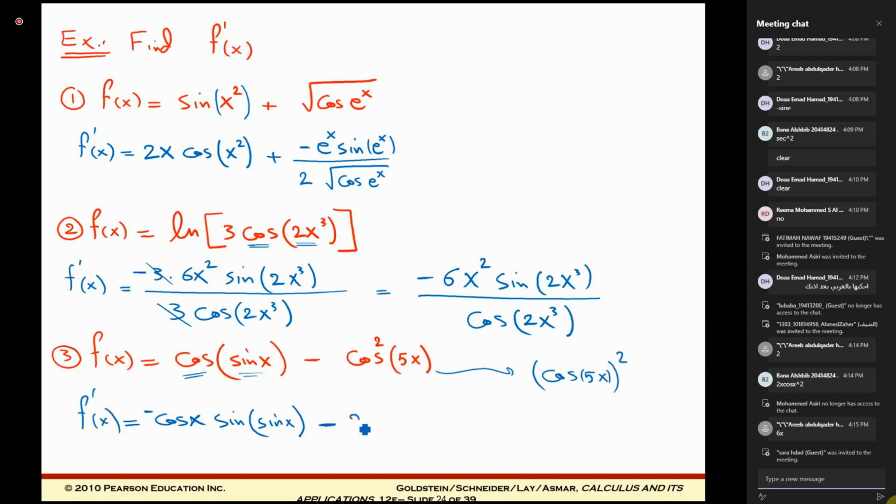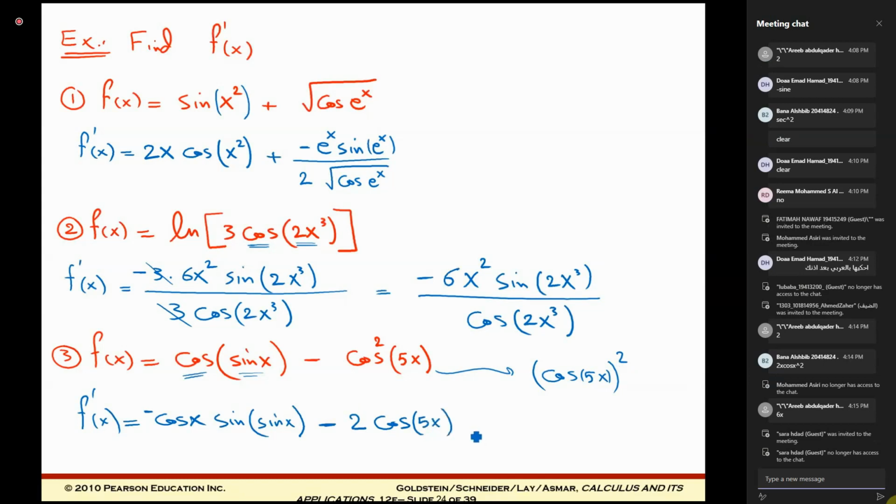So we have 2 multiplied by cosine 5x, and now the derivative of cosine 5x equals 5 negative sine 5x.